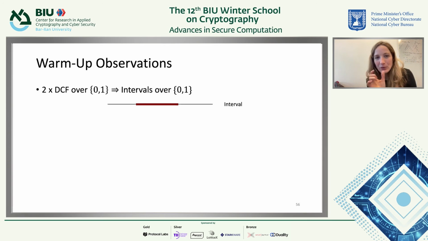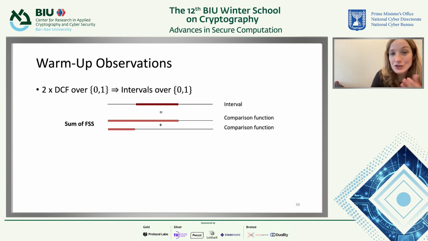Suppose I want some interval that has secret left and right boundaries. I can achieve this by taking two comparison functions, which are like one-sided intervals, and adding them together. Here I explicitly put in the arithmetic over {0,1}, because when you add these together, these two ones will cancel out and give you zeros as you like here.